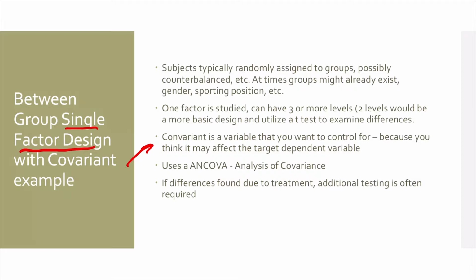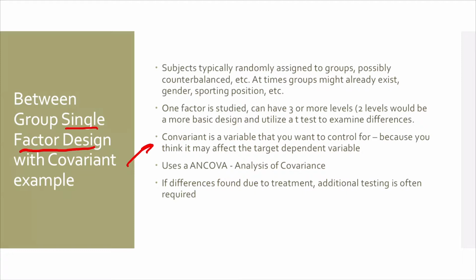Again, we could see differences in performance in athletes because of their age. Maybe because you're comparing young, healthy individuals to elderly, and age has played a part. Or we might be comparing youth sport athletes as they move through various levels of performance, and we want to control for that factor.